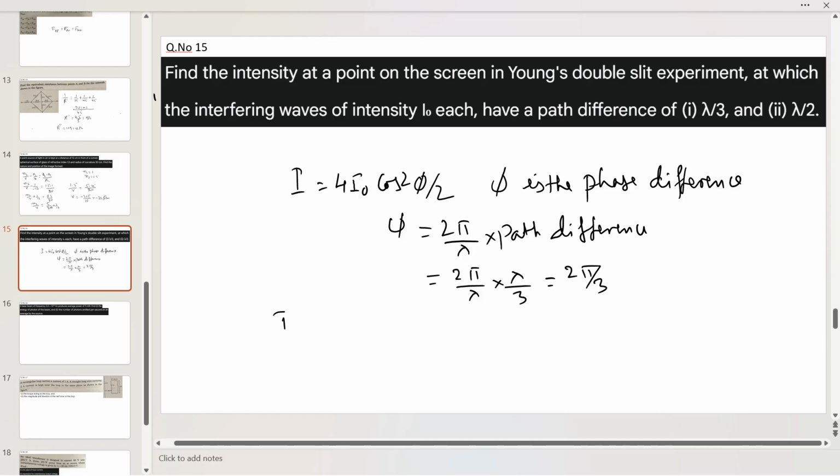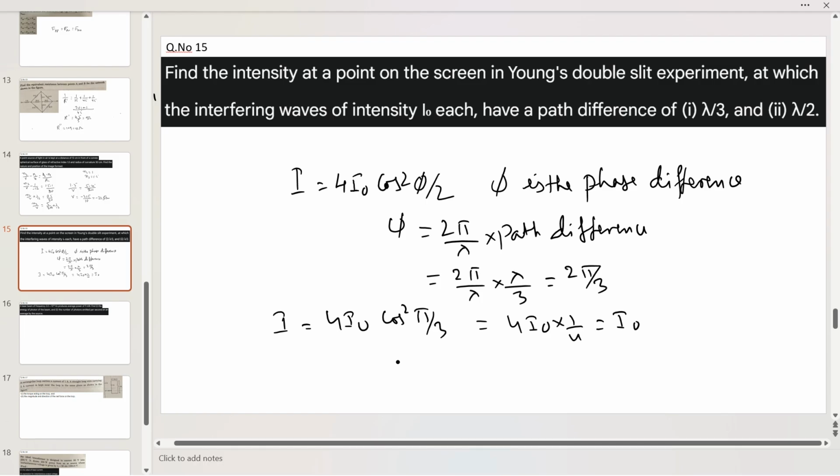Now your intensity I will be equal to 4 I naught cos square, 2 cancels out, this will be pi by 3. Cos 60 degree is 1 by 2, square is 1 by 4, so this will be 4 I naught into 1 by 4, so this will be I naught.